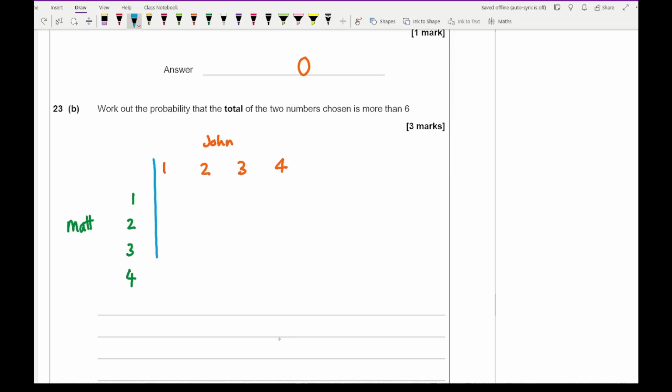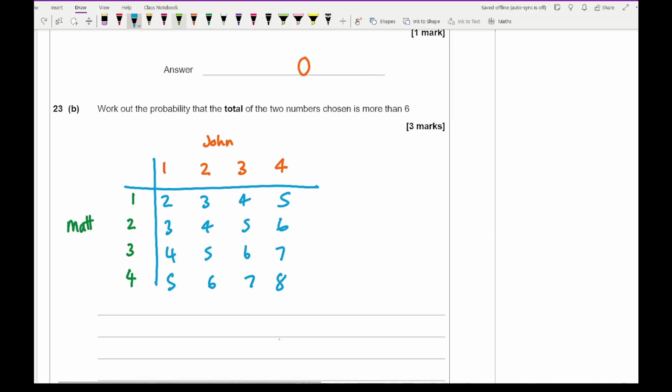And what I'm then going to do is just do a sample space diagram and just add up the numbers. So I've got 3, 4, 5, 3, 4, 5, 6, 4, 5, 6, 7, 5, 6, 7, 8. So looking at these are all my possible answers I could have when I add their 2 scores together.